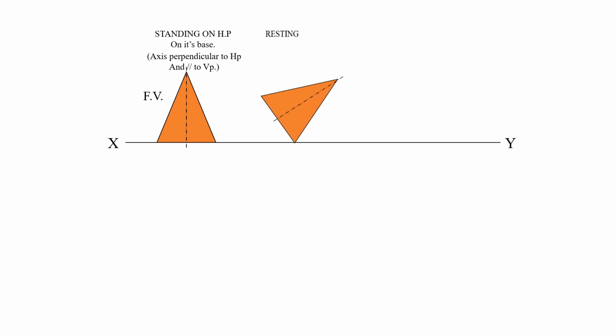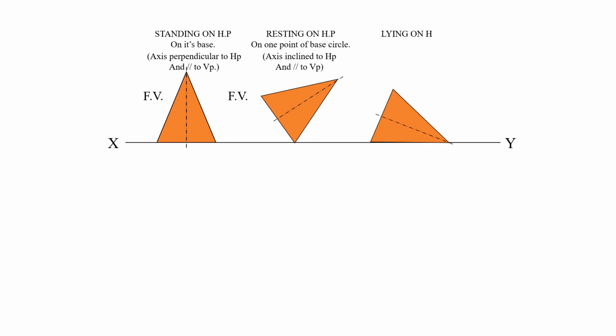Second case, when the cone is resting on HP with one point of its base circle, axis inclined to HP and parallel to VP. Front view looks like this. Another case, when the cone is lying on HP on one of its generators, axis inclined to HP and parallel to VP. This is the front view. These are the cases when the cone is resting on the horizontal plane.